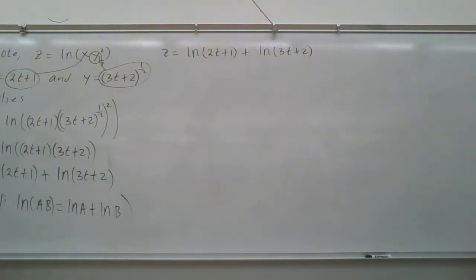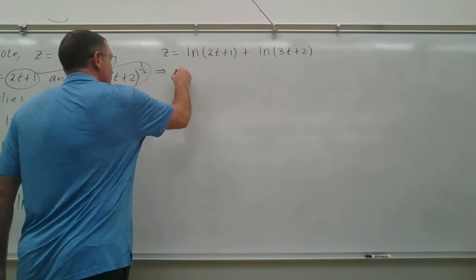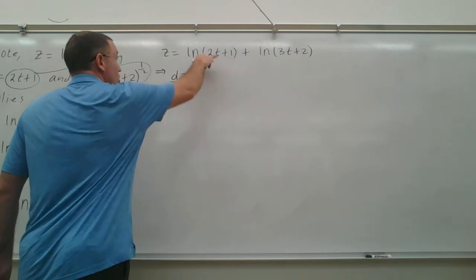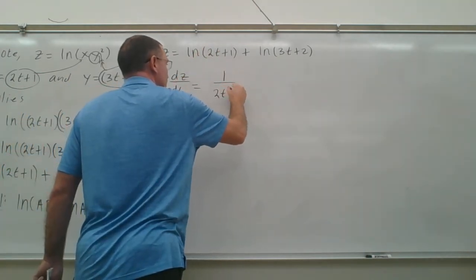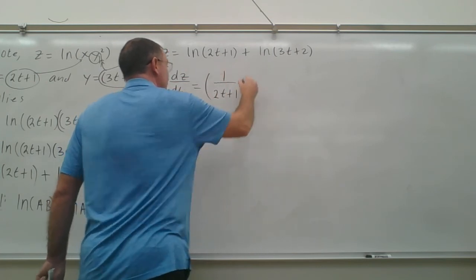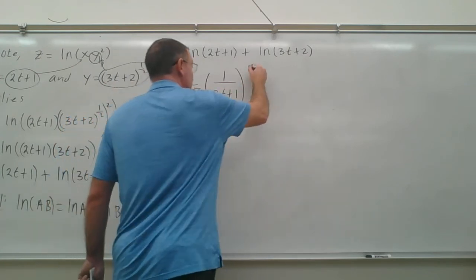So taking derivative of z with respect to t, so dz dt, so it'll be 1 over this, times derivative of 2t plus 1 with respect to t, so be times 2.